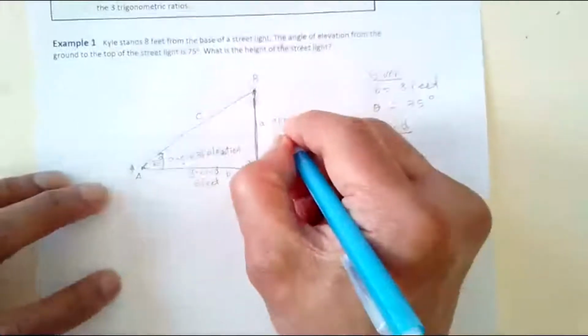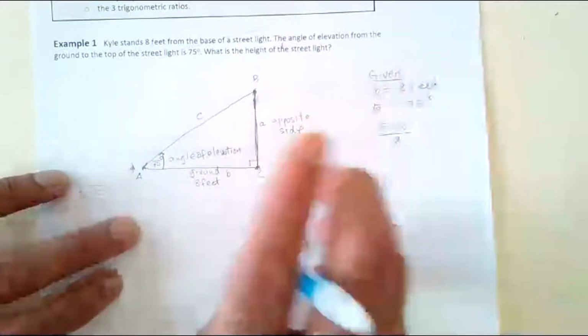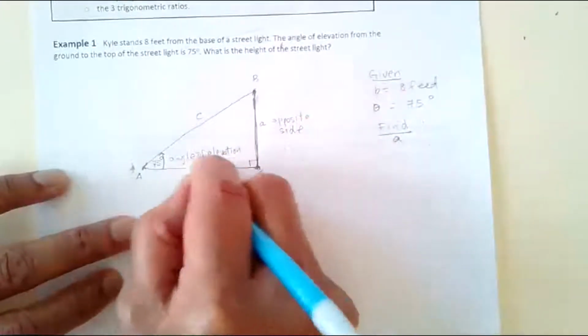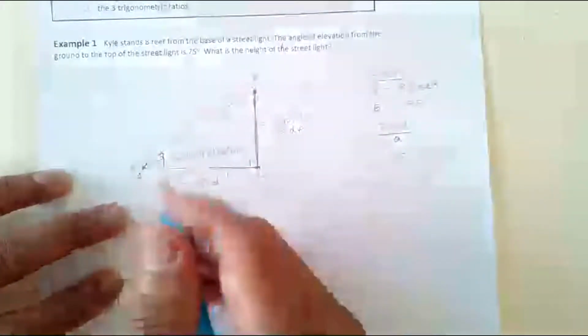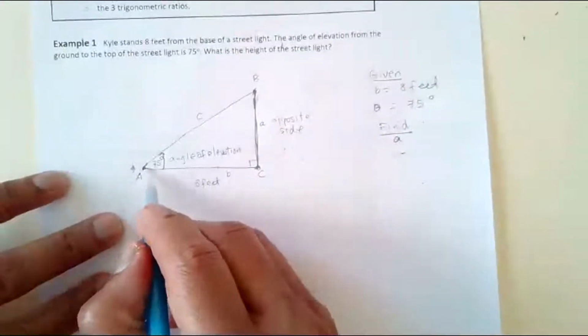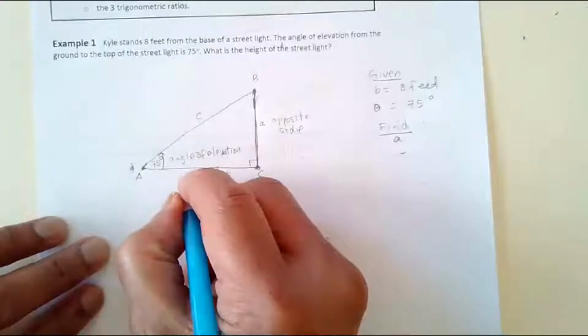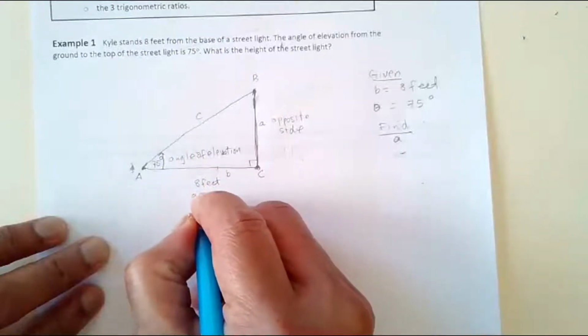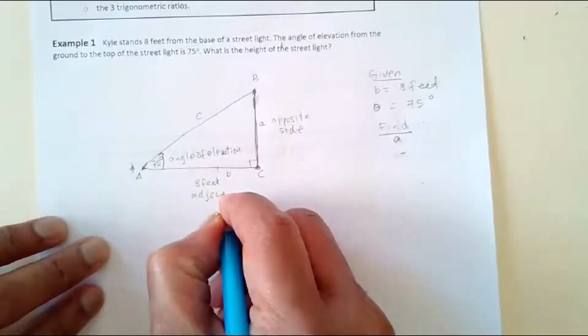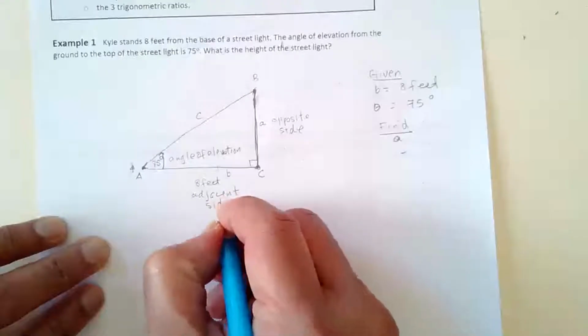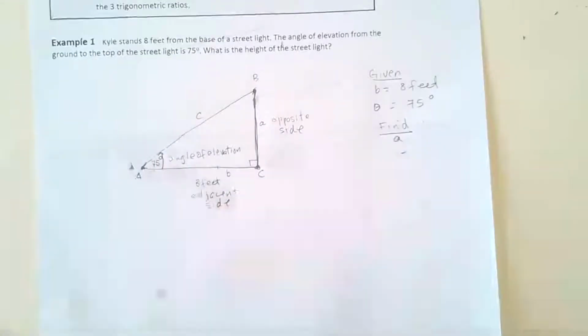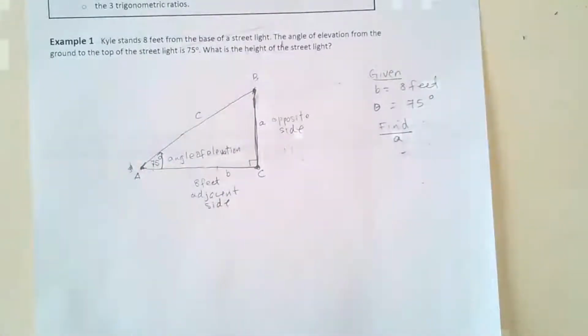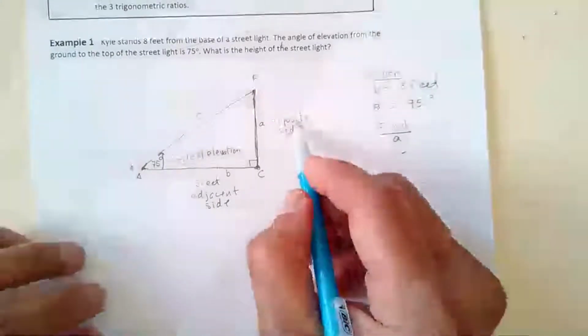So opposite side. The ground level will be referred to as the adjacent side because it's adjacent to this angle. So this is the adjacent. So we need to find A, which is the opposite side.